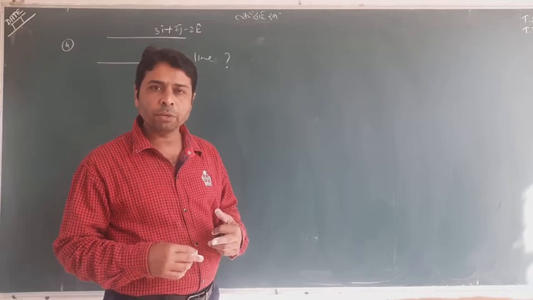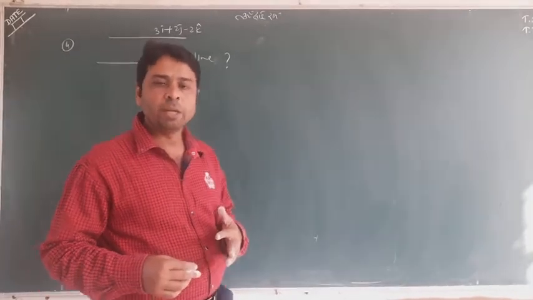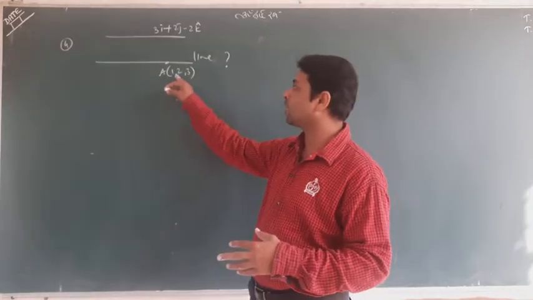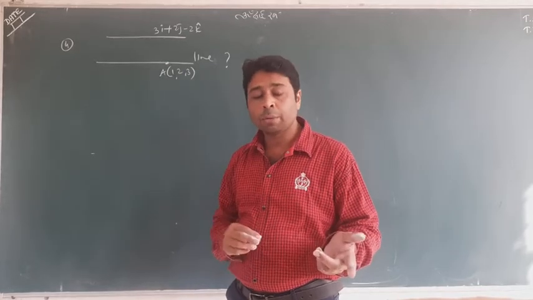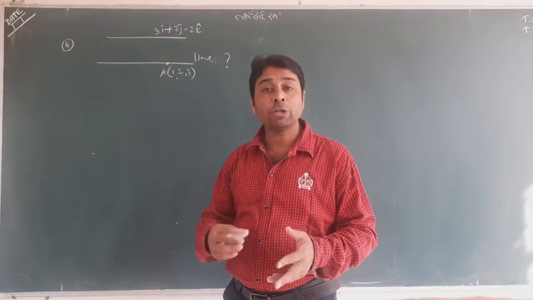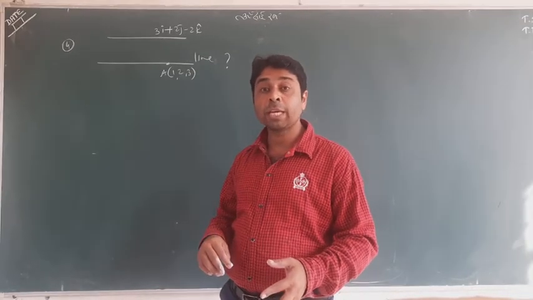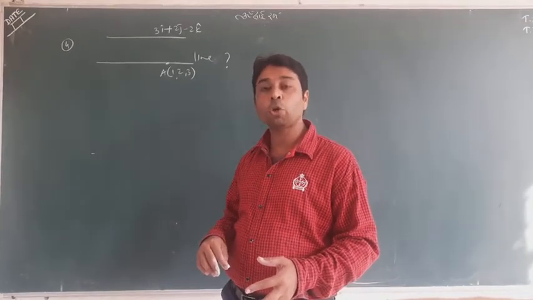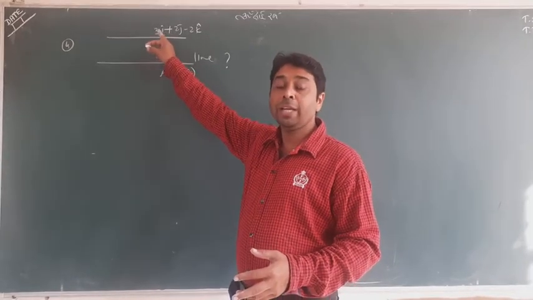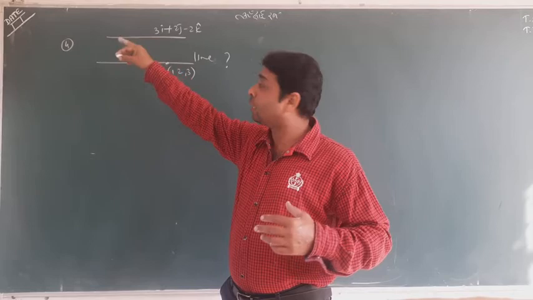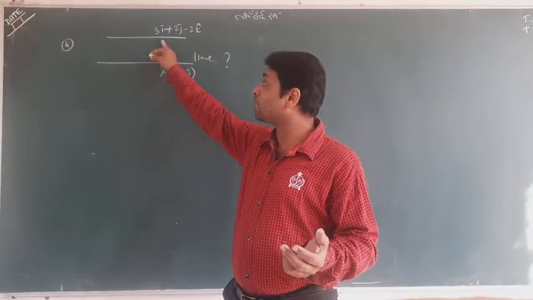What is the formula? r equal to a plus lambda b. What is a? The point through which the line passes. And b is a ratio vector which always keeps it parallel. It actually carries the ratio of the line. 3, 2, minus 2 is the ratio of this line because these are parallel.